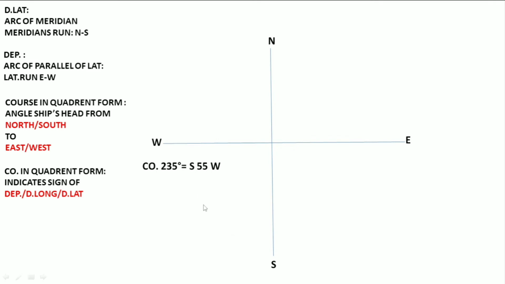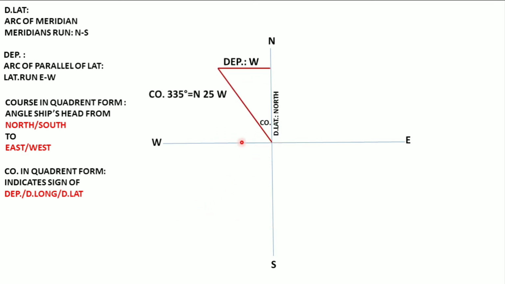My D.LAT should be south, and my departure should be west. And course measured from south towards west, and we have this triangle to solve for. Similarly, if course is northwest, D.LAT north, departure west. And course always measured from north towards west.